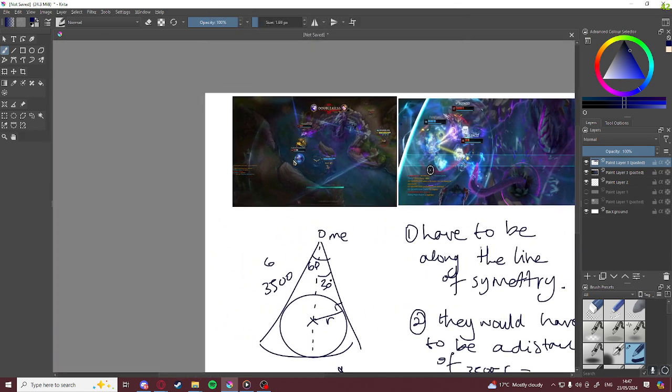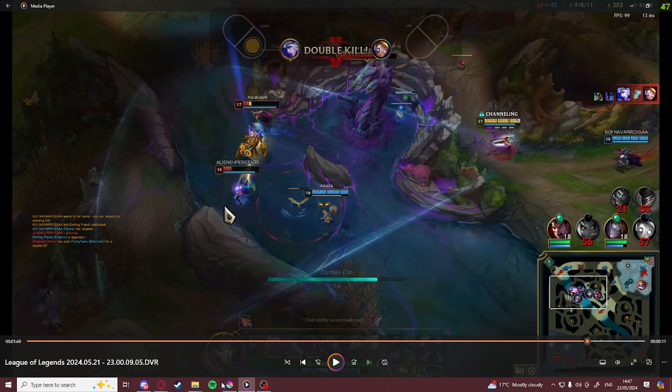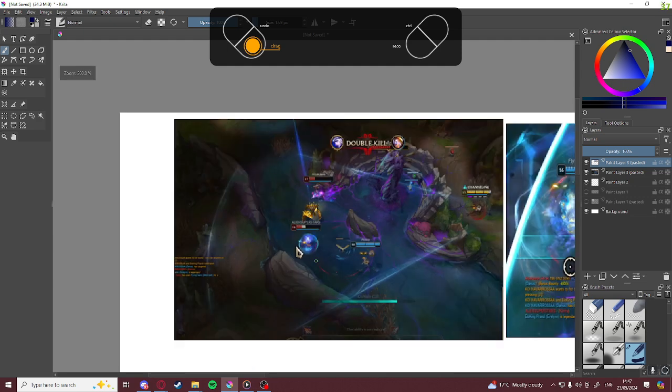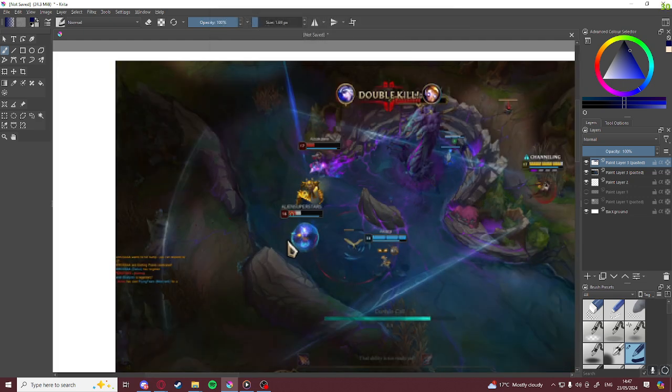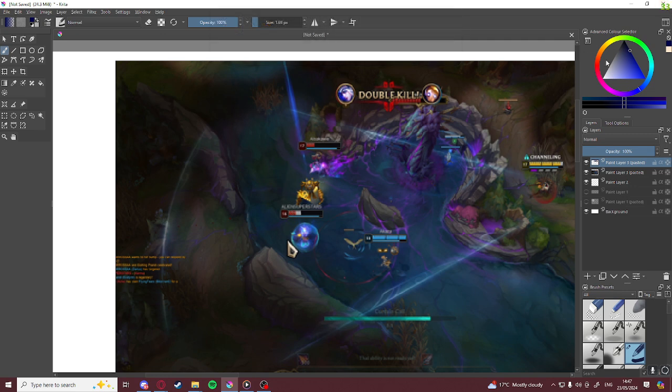So looking at this diagram, I've just screenshotted the video just so I can annotate it. So if we looked at here, let me use a different color. I'll use green, a light green. So this is me here, and let's say the line of symmetry was around here. So I know that, oh yeah, this is my enemy, by the way, sorry, this is my teammate.